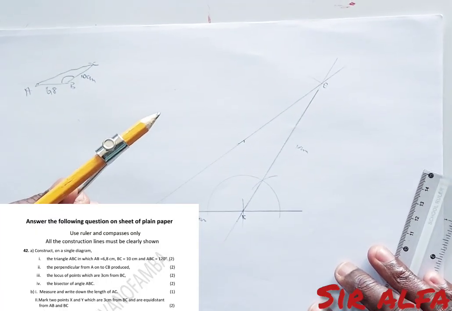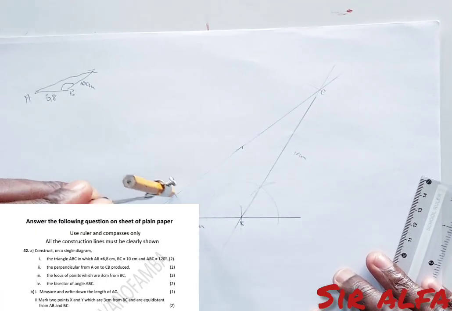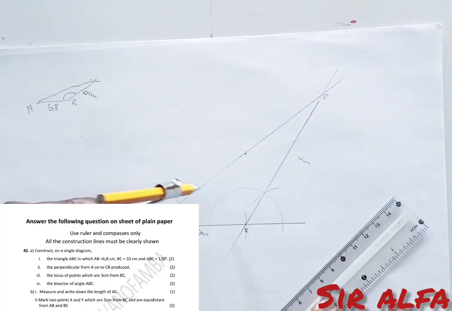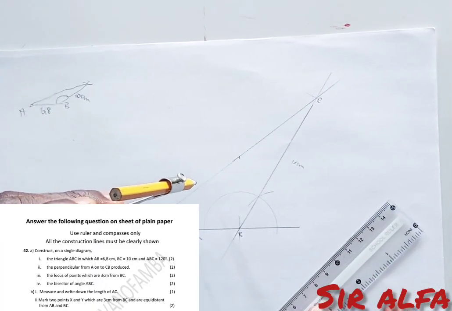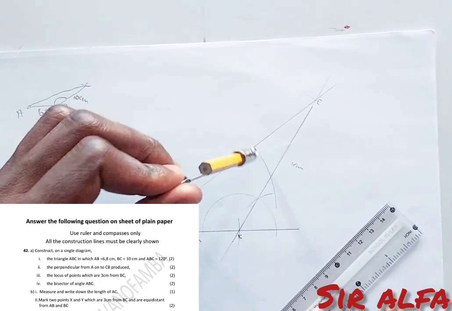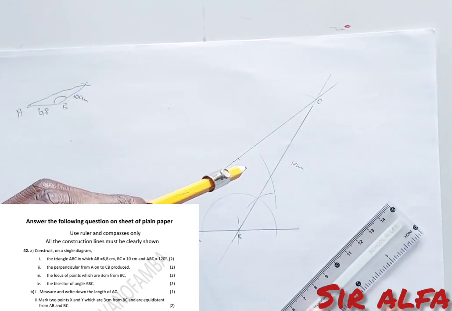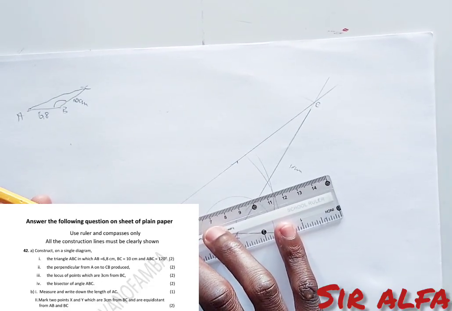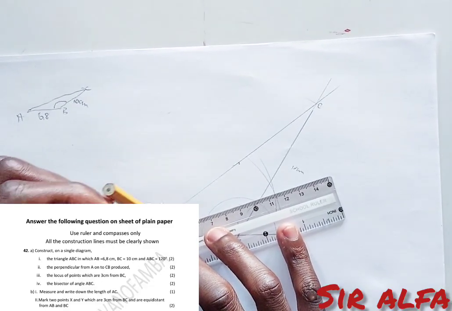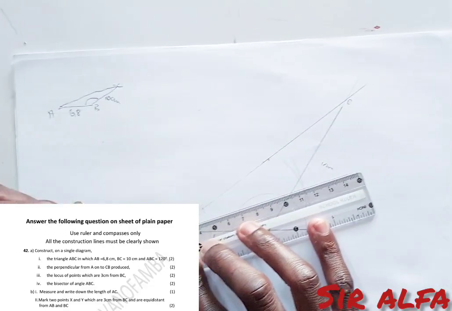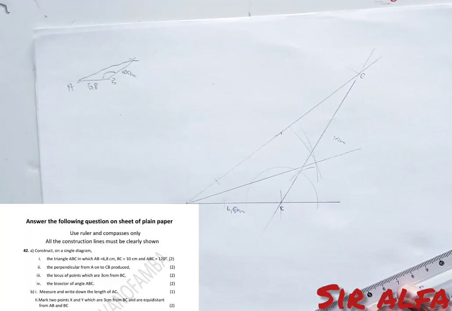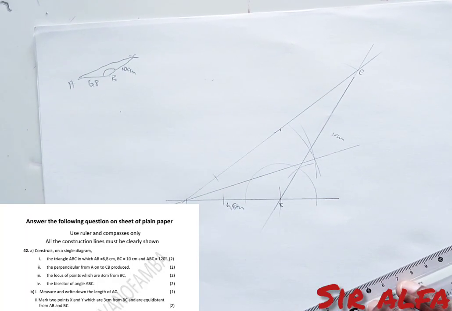So bisecting this angle, I'll mark here and I'll mark here. Then I'll put my compass here, put an arc, then here. Yeah, right. This is the bisector for B produced to CB.